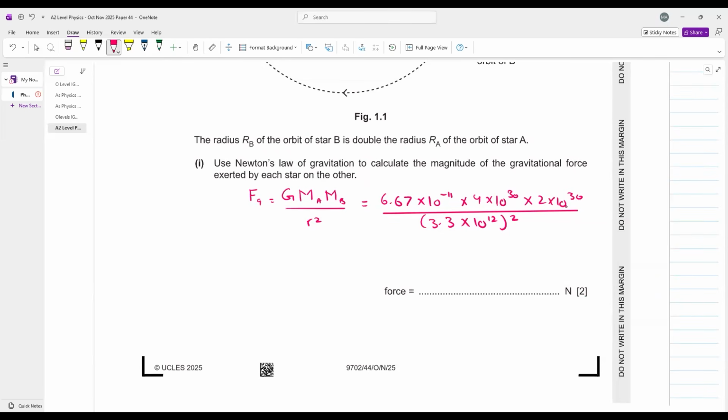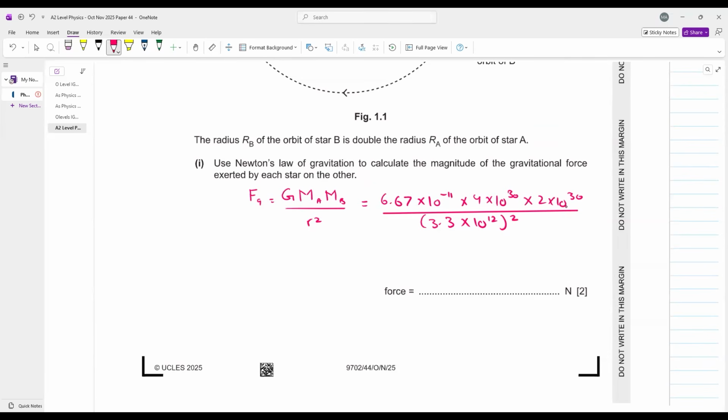Can you calculate this answer? Yes. 6.67 into 10 raised to the power of minus 11 into 4 into 10 raised to the power of 30 into 2 into 10 raised to the power of 30, divided by 3.3 into 10 raised to the power of 12 whole square.